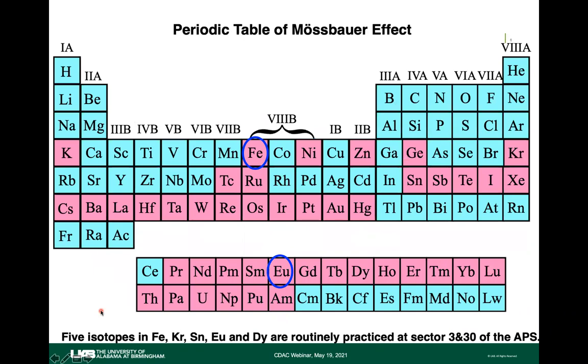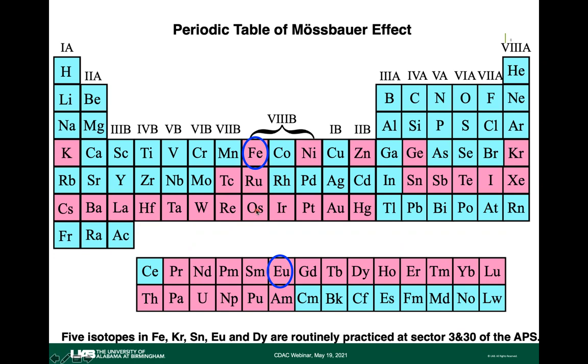Okay, so in the periodic table, there are a few dozen elements that contain a Mössbauer active isotope. All have been observed, in the elements shown in pink.